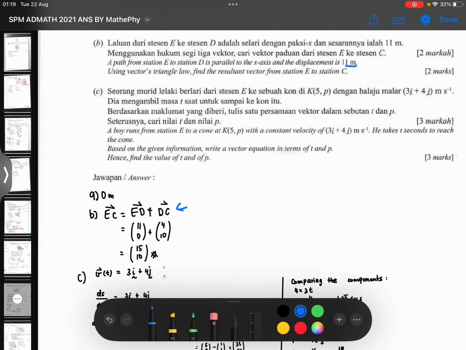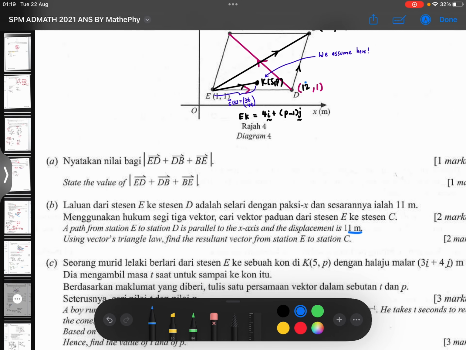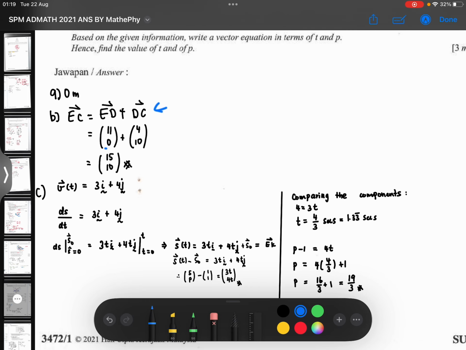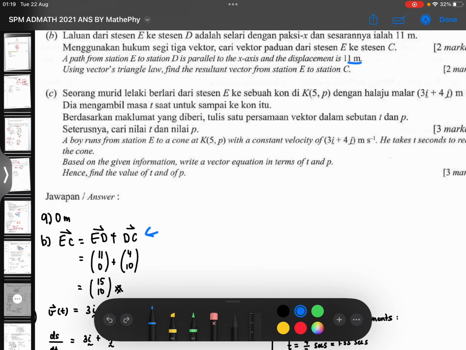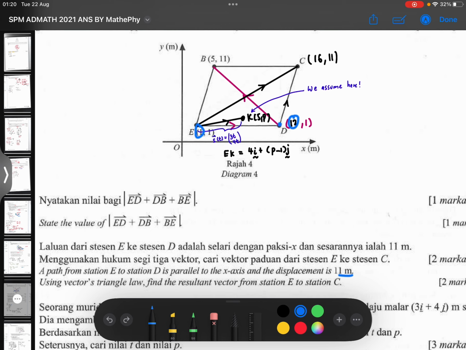Because you know ED is actually just the position vector subtraction, 12 minus 1, 11, and 1 minus 1 for the y coordinate, so you get 11, 0 like that. You need to add the DC. So DC is from this point to this point.